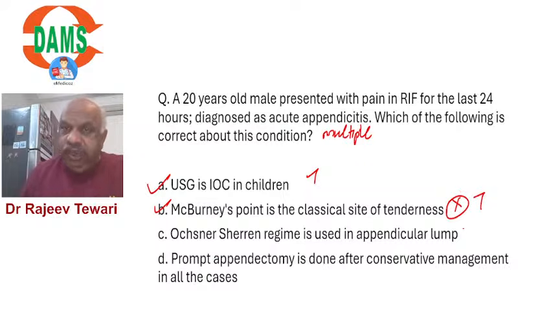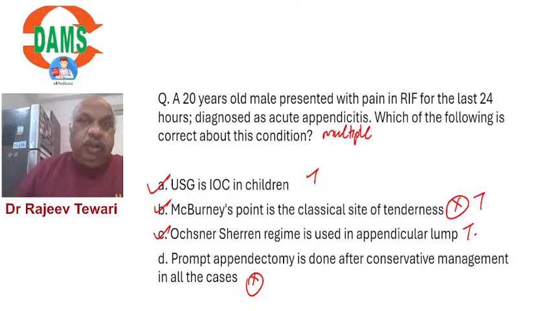Ochsner-Sherren for a lump, yes, this is true. Prompt appendicectomy, no. There's the option of interval appendicectomy. So A, B, C are right, D is wrong. Sometimes we manage conservatively and go for appendicectomy after 6 weeks. So D is the wrong statement. But multiple answers are correct, so I'll go for ABC. And again, because it's saying classical site, it's not saying diagnostic, so this is true.